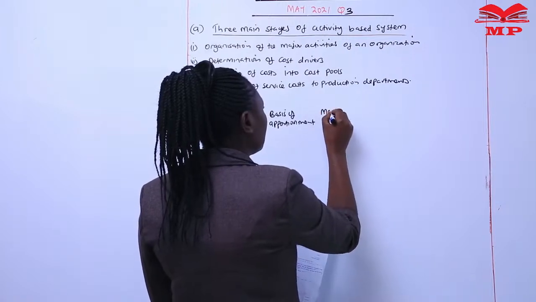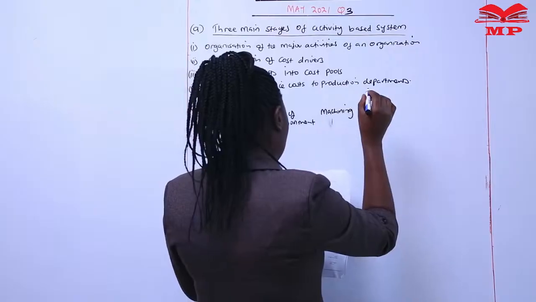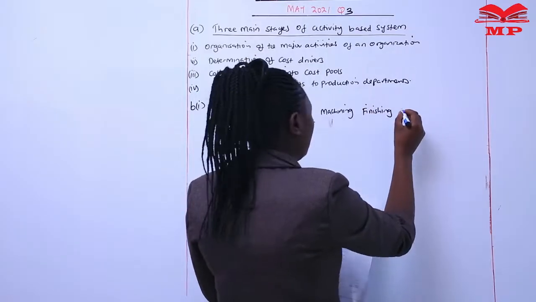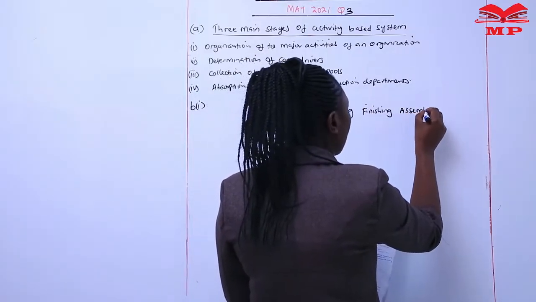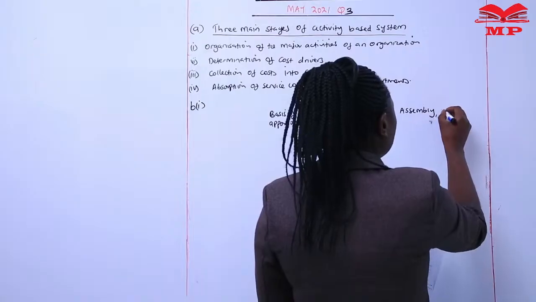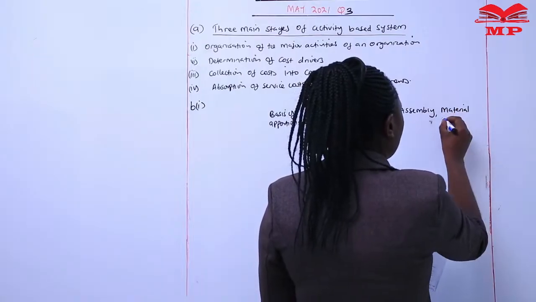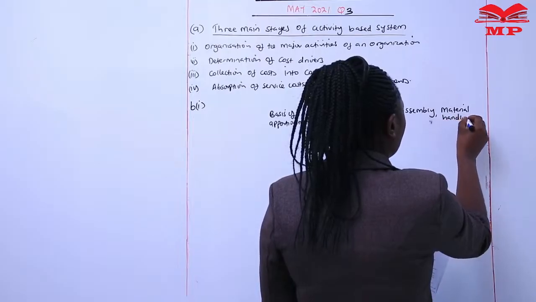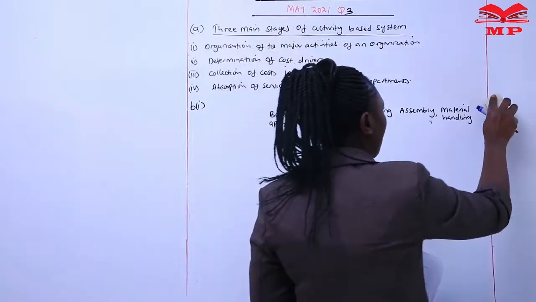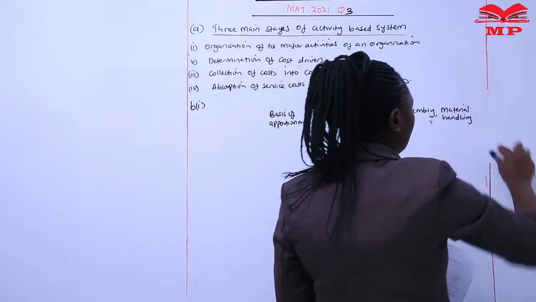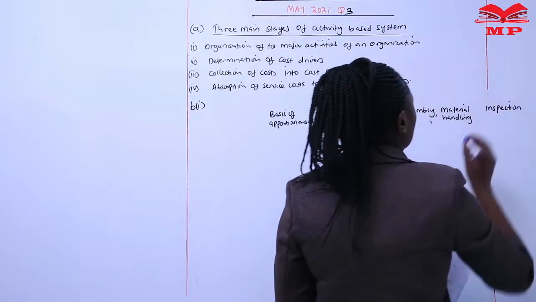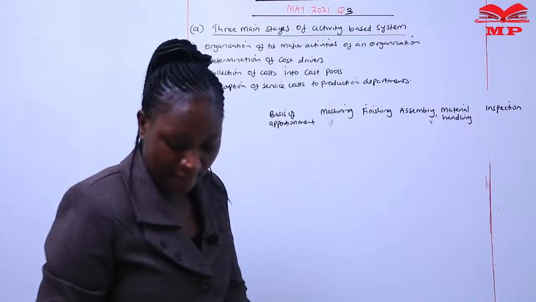We have machining, we have finishing, we have assembly, we have material handling, and then we'll have inspection. So we'll have a table.